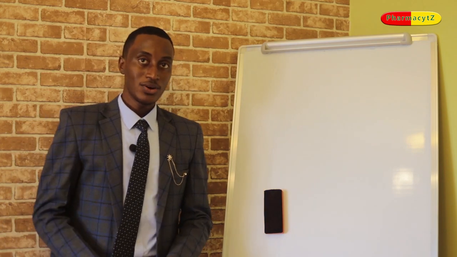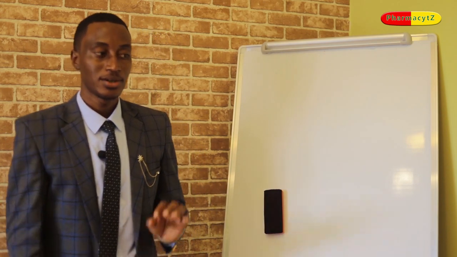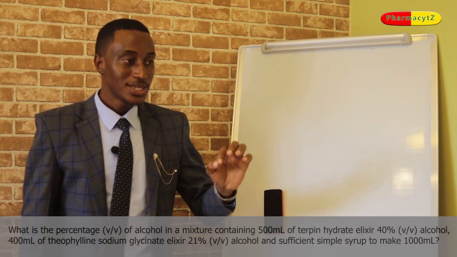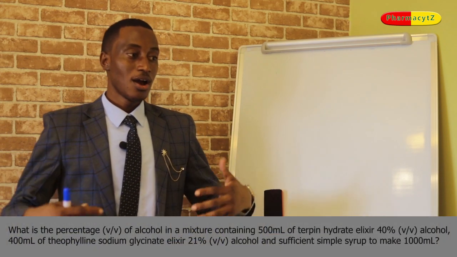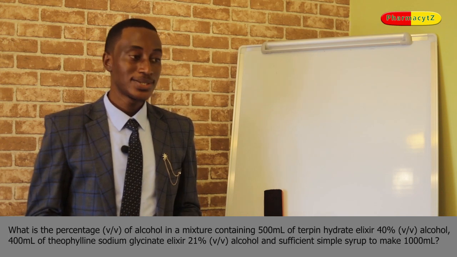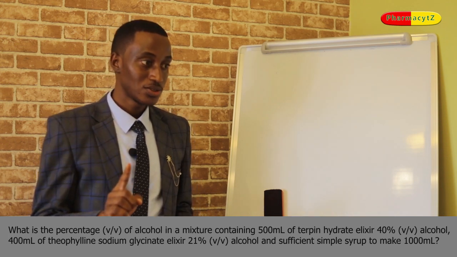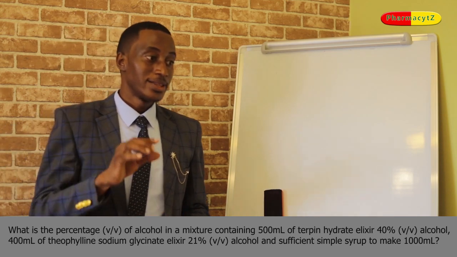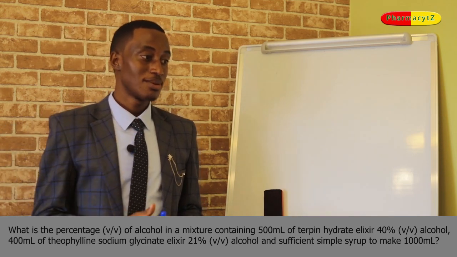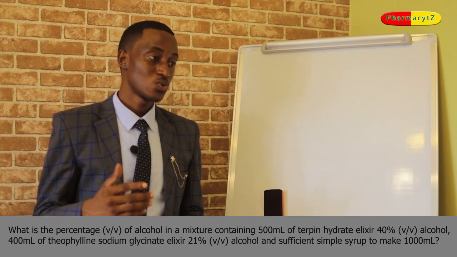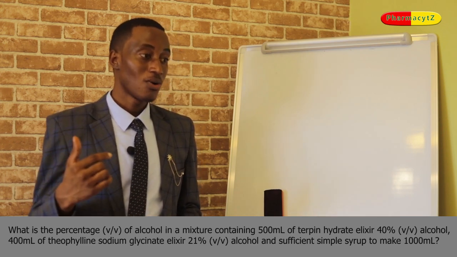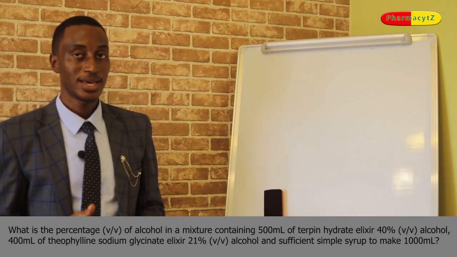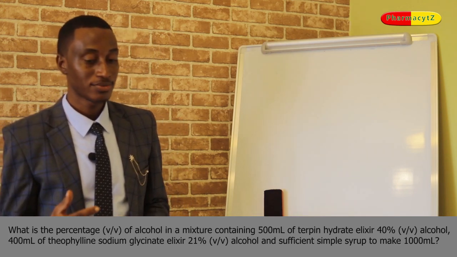Okay, now let's go back to alligation medial. There is this tricky question. It says, what is the percentage strength, volume in volume, of alcohol in a mixture containing 500 ml of terpene hydrate elixir, 40% volume alcohol, then 400 ml of theophylline sodium glycinate elixir, 21% alcohol, and sufficient simple syrup to make 1,000 ml.